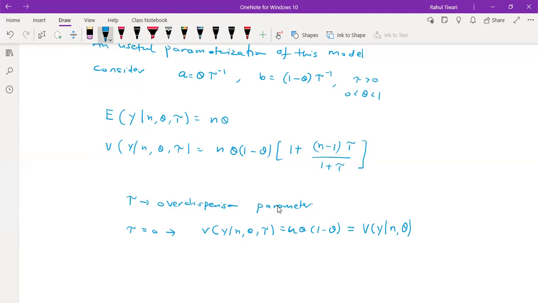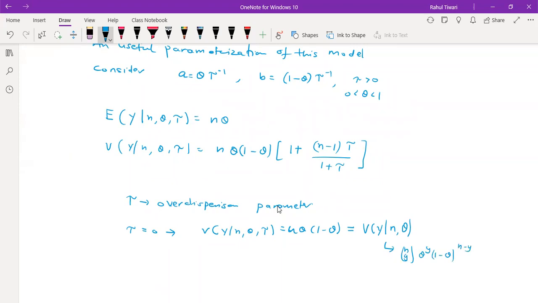But what is this actually? This is nothing but the variance of y given n comma theta, which is the variance of the original binomial distribution. Because what is a binomial distribution? It is nCy theta raised to y, (1 minus theta) raised to n minus y.